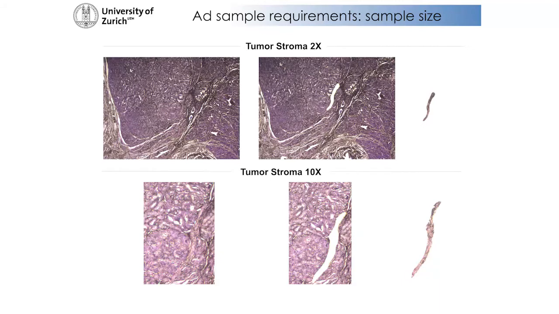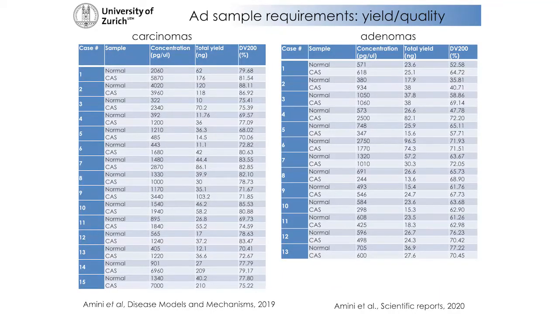One big question that usually comes up is that about RNA quality from FFPE tissue. This table is just to show you the quality of RNA that we routinely get when isolating cancer-associated stroma from clinical samples. On the left, you can see data for carcinomas, on the right for adenomas.